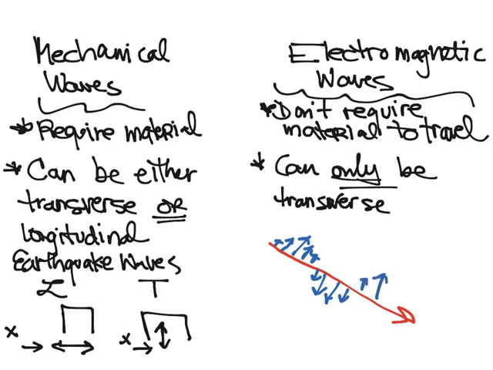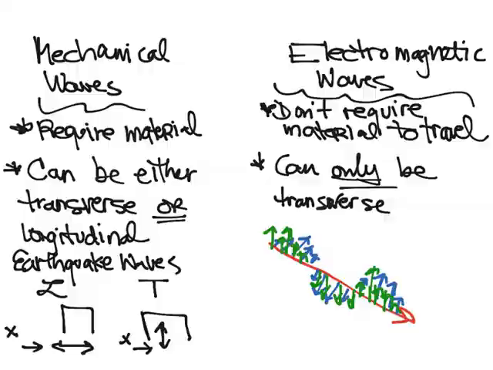The electric field will always be perpendicular to the direction the wave's moving, and then the magnetic field will also be perpendicular to both of those. So your wave will look something like this. I know this picture is a little hard to see, I'll show you a 3D version. But the important thing to remember for right now is that electromagnetic waves are always transverse.